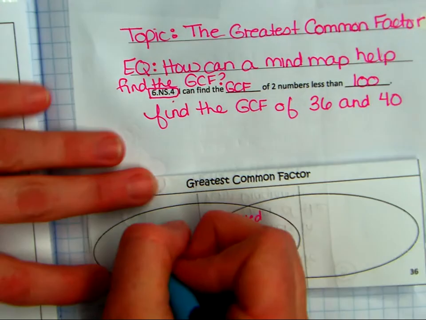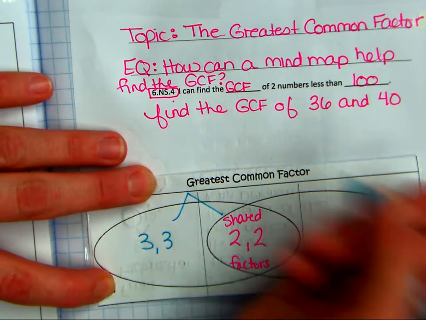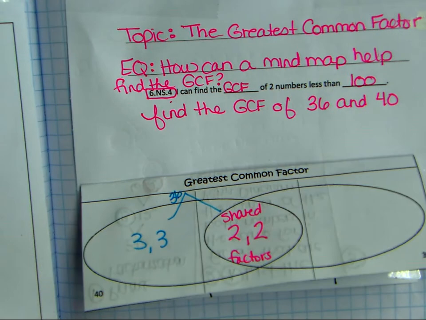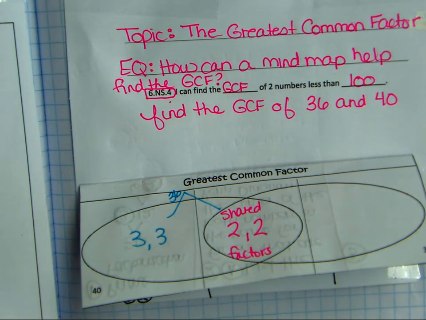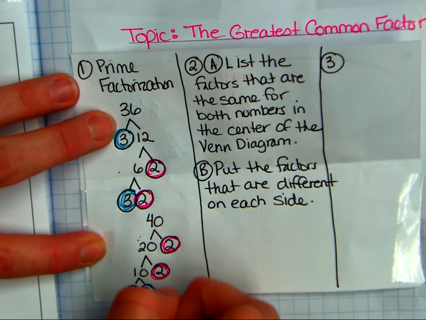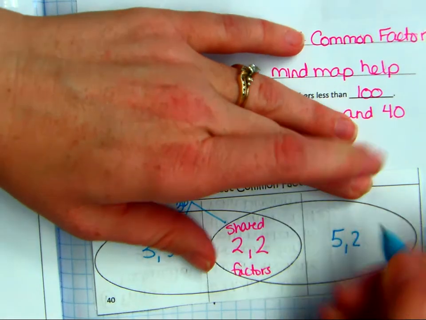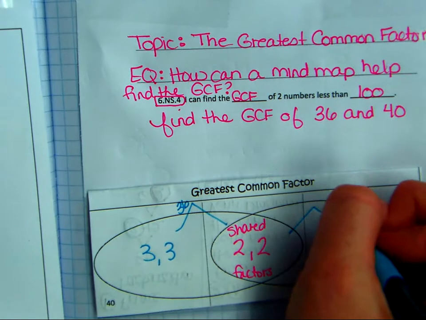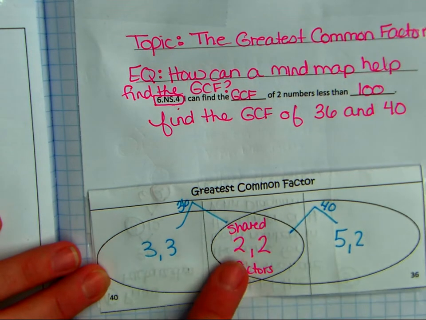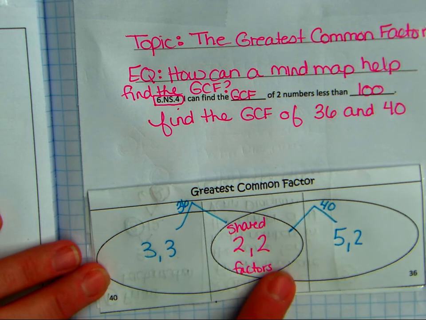Okay, I'm going to put that over here, 3 and a 3. So these two together make up the factors for 36. Then I'm going to go back to my tree, and on this side I have a 5 and a 2 that didn't match up. That goes over here. And these together make up the factors of 40. So the factors of 36 are 3, 3, 2, and 2. The factors for 40 are 2, 2, 5, and 2.